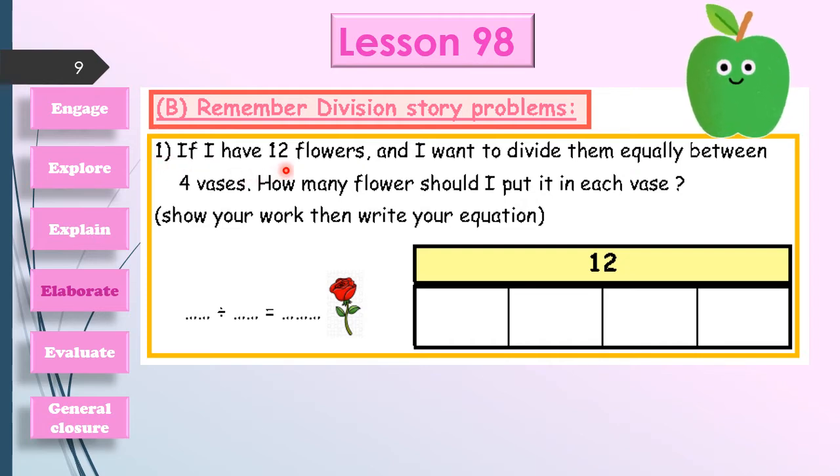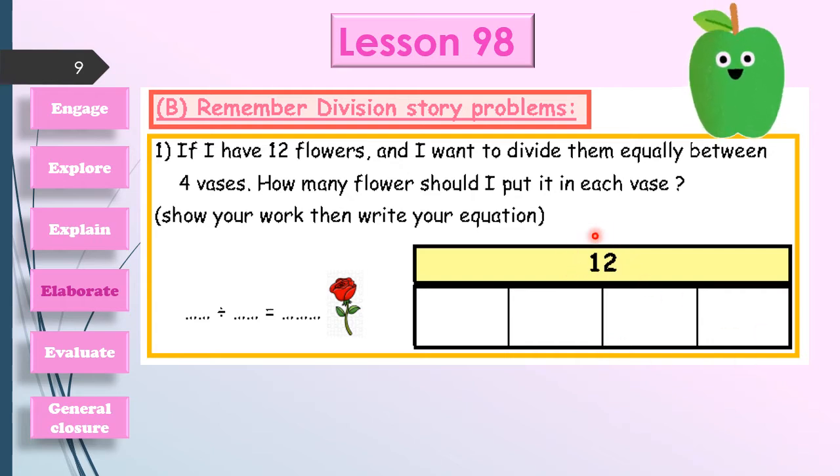If I have 12 flowers and I want to divide them equally between four vases, here we have our one whole, which is 12 flowers. If I draw a fraction strip divided into four equal parts, such that each part is a vase, then we have four vases.